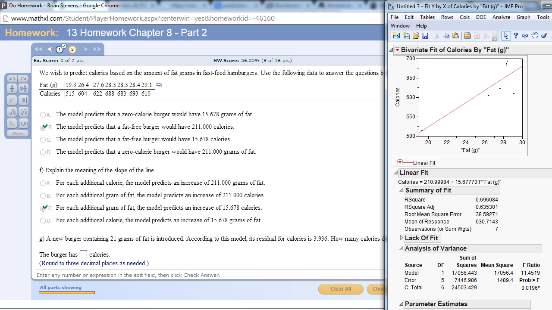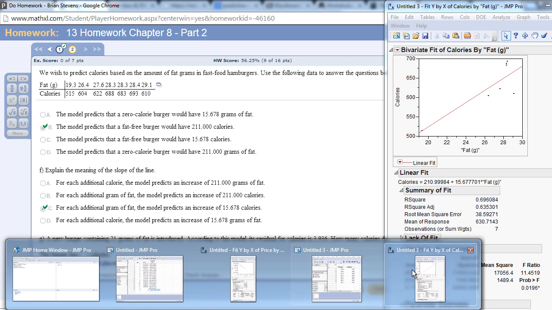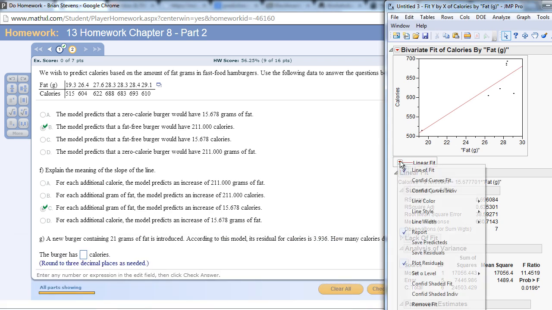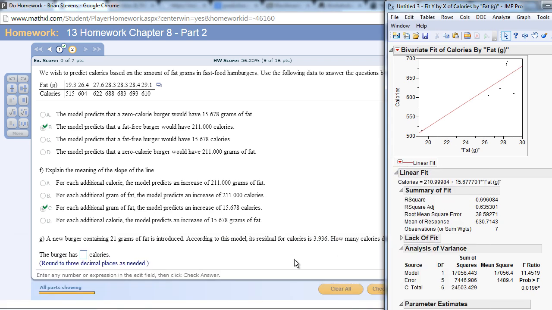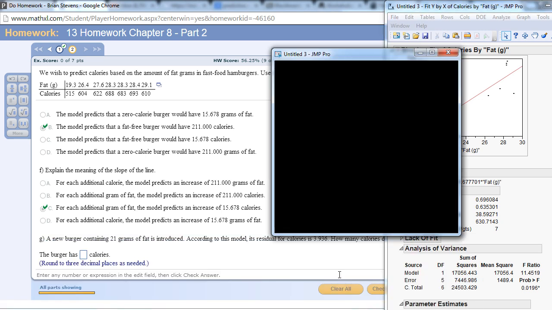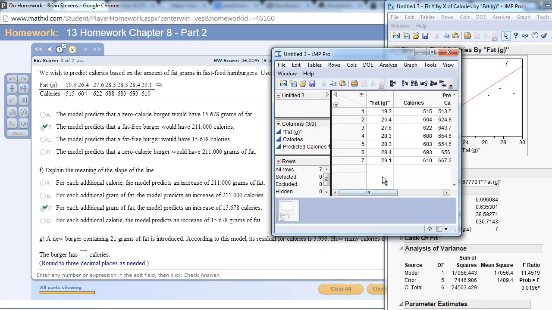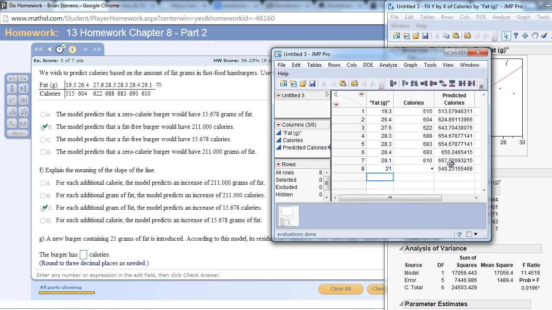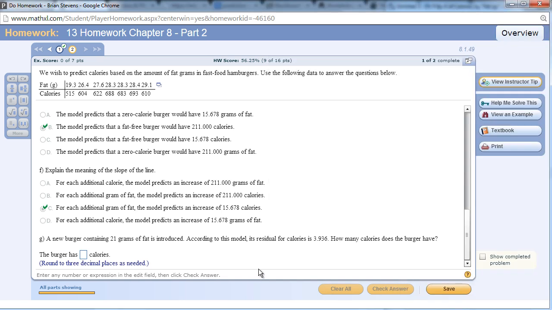Let's get our predicted right here. We can do the same trick before using JMP and go to Save Predicteds. Going back to our data set, we have a burger introduced with 21 grams of fat, and we have a predicted for this burger of 540.231. And I will say this, some people do not carry out enough decimals.